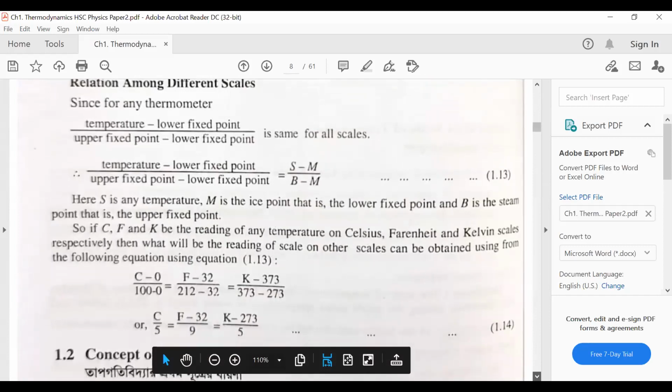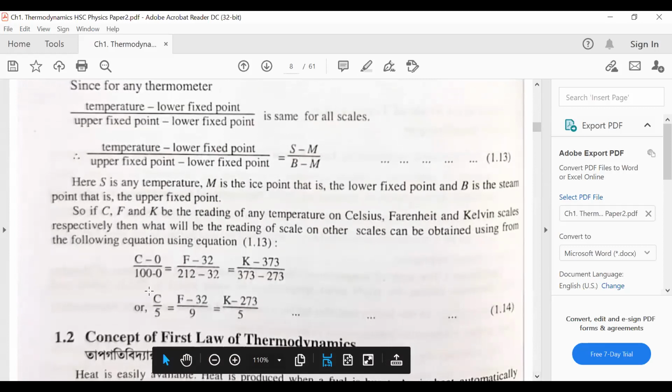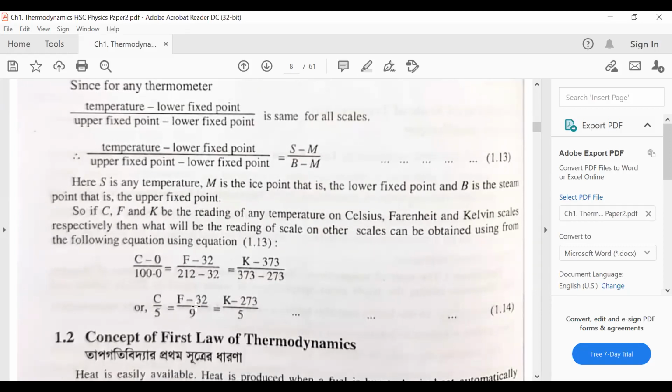You can learn this formula to convert different temperature scales. If you want to convert degrees Celsius to Fahrenheit, you can use this one. C means temperature in degrees Celsius, F means temperature in Fahrenheit.